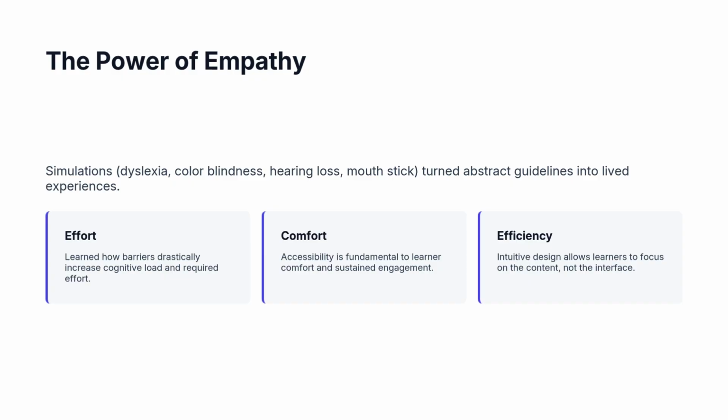The mouth stick activity helped me realize that accessibility is not only about whether something works, but also how comfortable and efficient it is to use. These activities helped me see accessibility from the learner's perspective rather than from the designer's perspective.